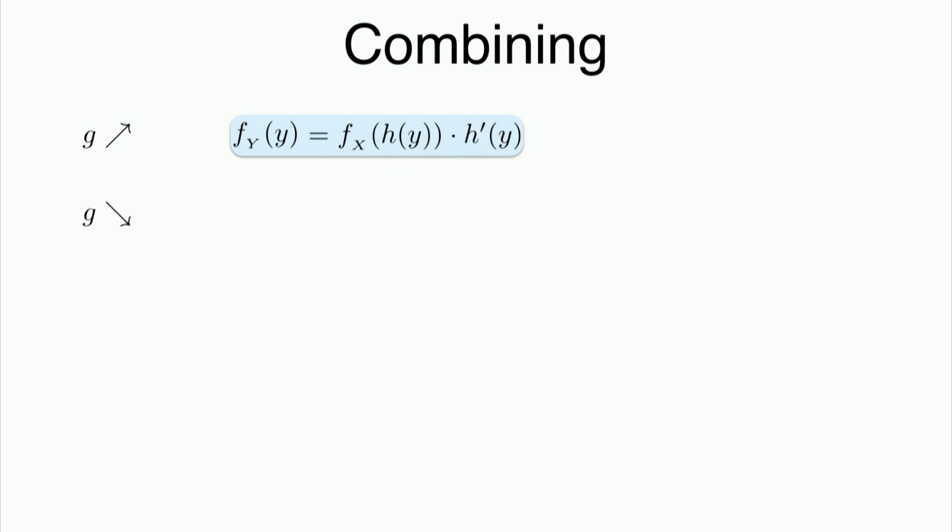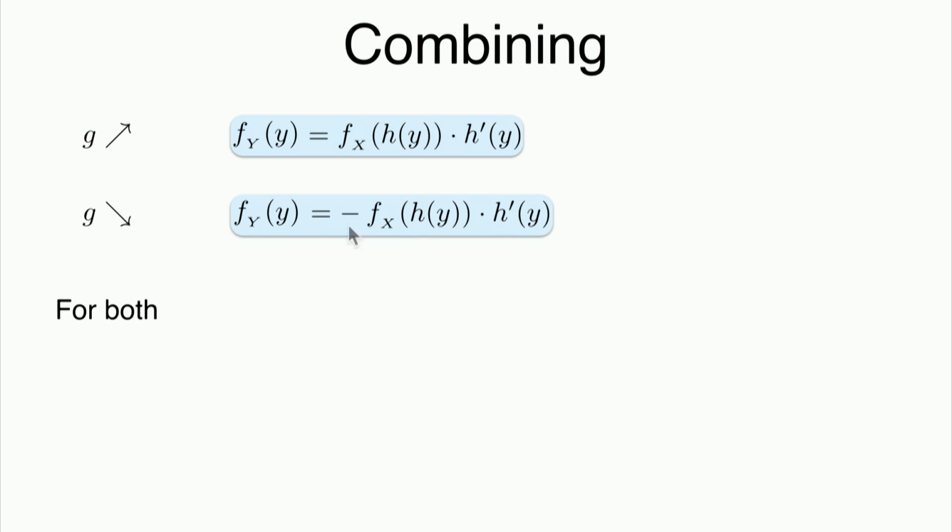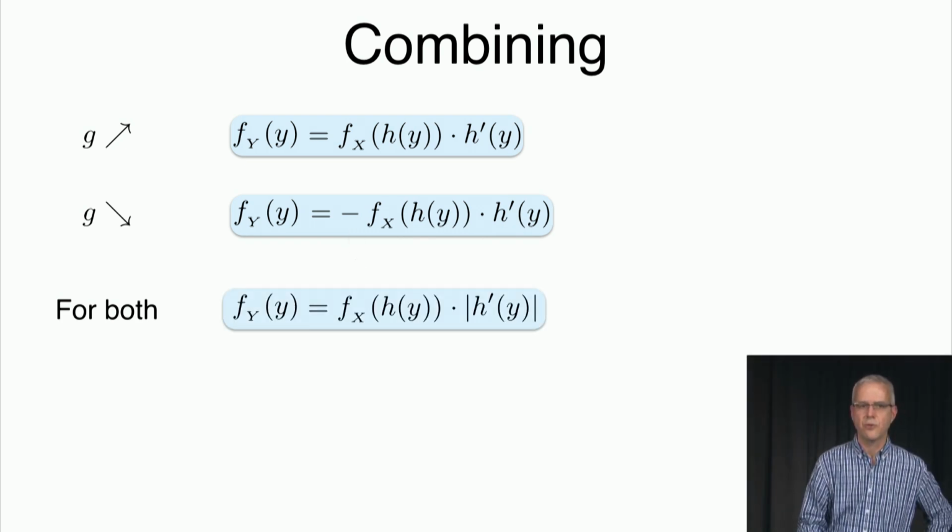When it's decreasing, it's again f_X at h of y times the derivative of h of y, where h of y is g inverse of y, but now with a negative sign. If you want to write it in a unified way, f_Y of y is f_X of h of y times the absolute value of the derivative of h of y, the derivative of g inverse of y.